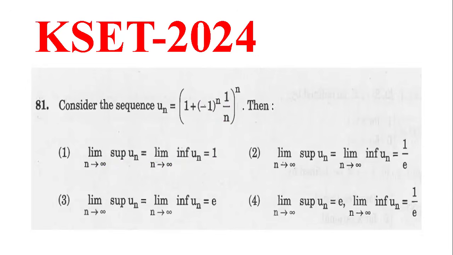Now, the concept is sequence. Given sequence is un is equal to (1 plus (minus 1) raised to n by n) whole raised to n. Here two cases arise: if n is even and if n is odd.